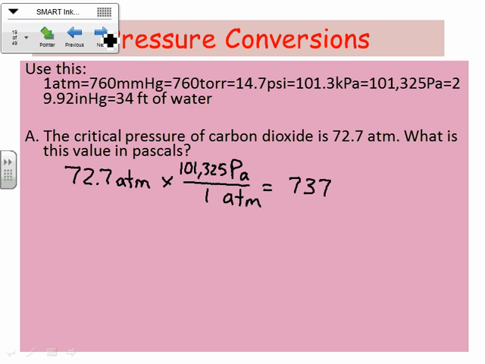It's 101,325. So you might want to do that again, because I think I'm getting 7,366,327, unless I typed something in wrong. I don't think I did, though. Times 101,325. Yeah, that's the number I'm getting. Rounded, that's 7,370,000 pascals. Okay?